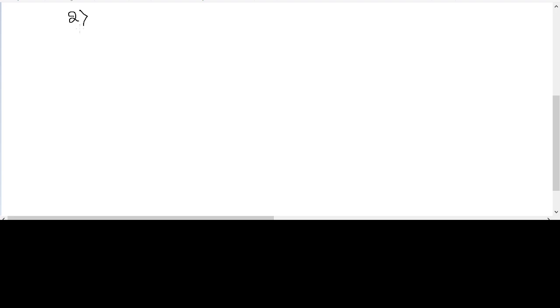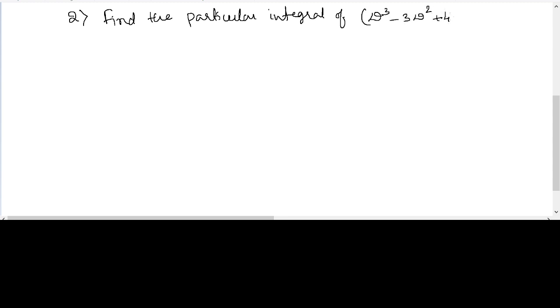Find the particular integral of D cube minus 3D square plus 4 of y is equal to e to the power of 2x, where D is equal to d by dx.